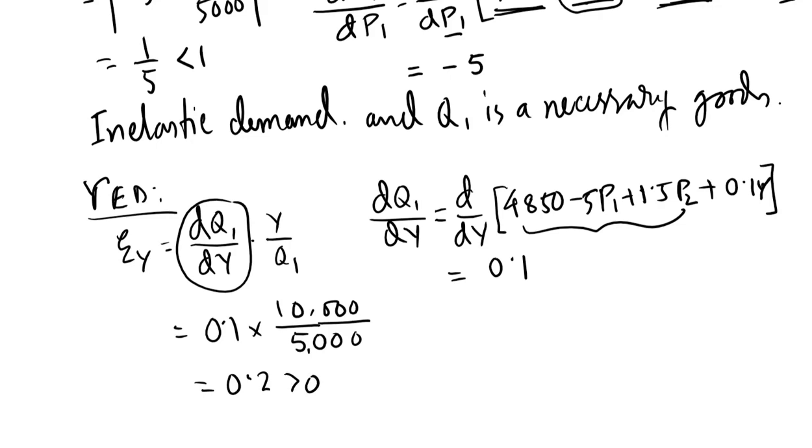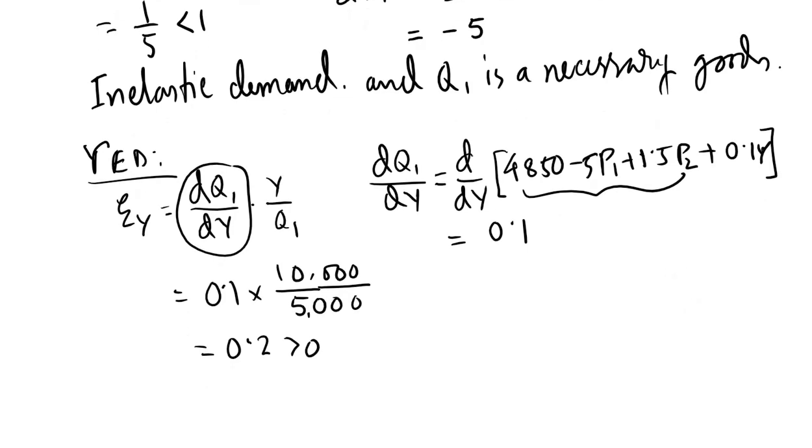So we know that if the income elasticity is positive, then we have normal goods. All right, so that's pretty straightforward.